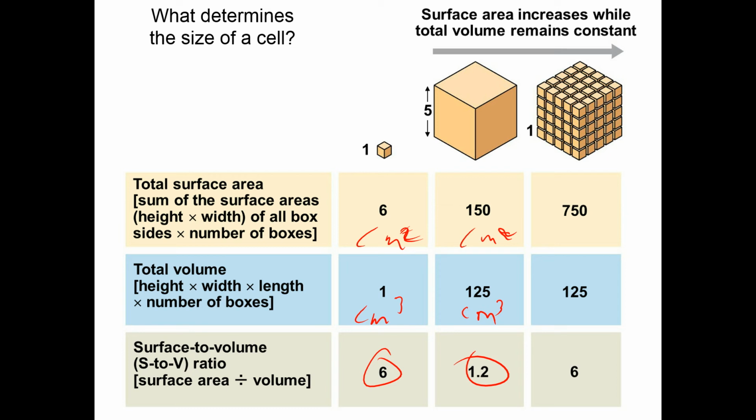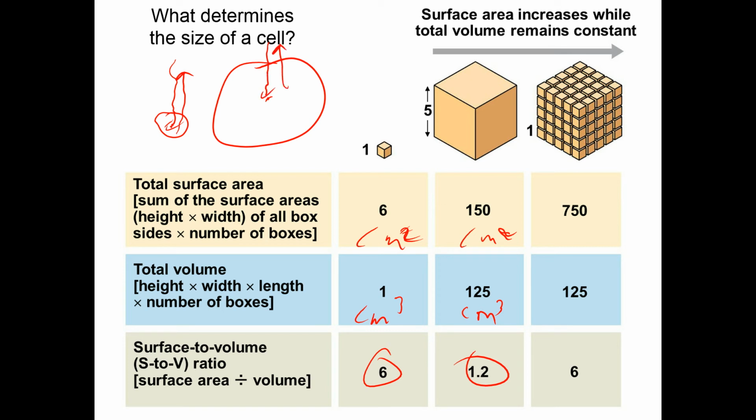So think about it. You have this little bitty cell, and then you have this really big cell. Things have to get into the cell, let's say the center of it. You've got to get things into the center of the cell, and you've got to get things back out.